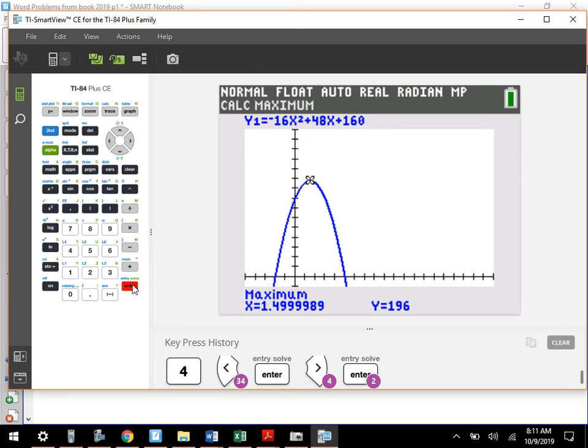Keep going, see how soon it moves down. Hit enter. Hit enter one more time. It's that easy.